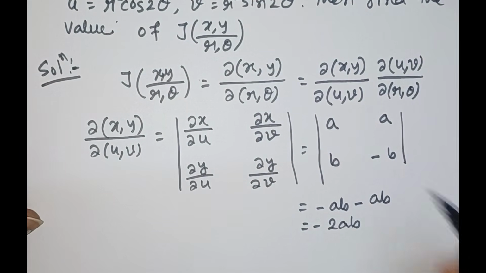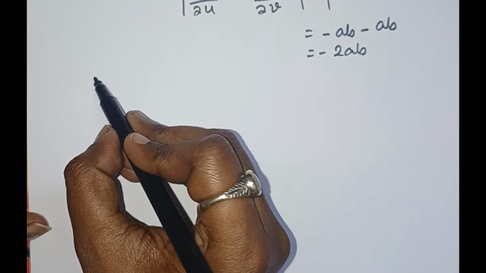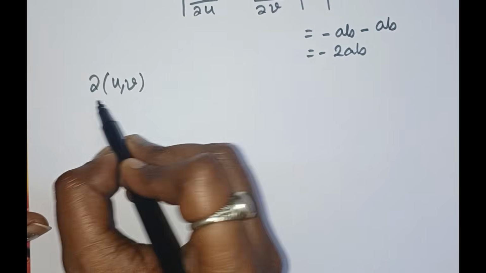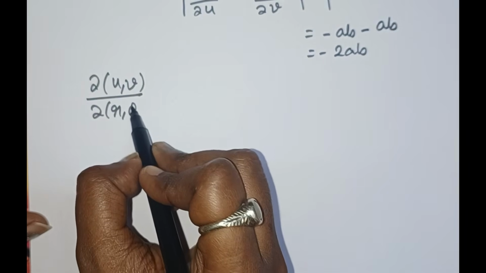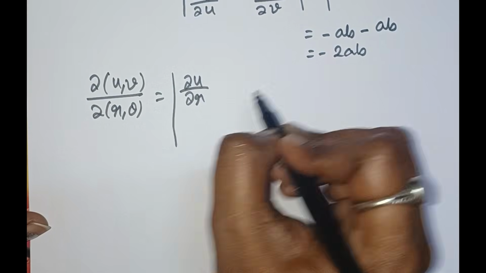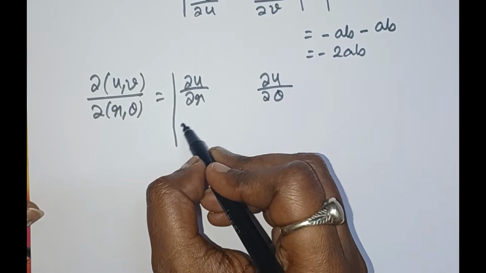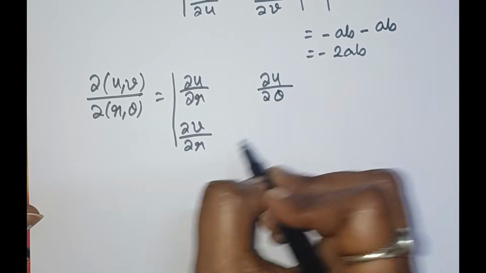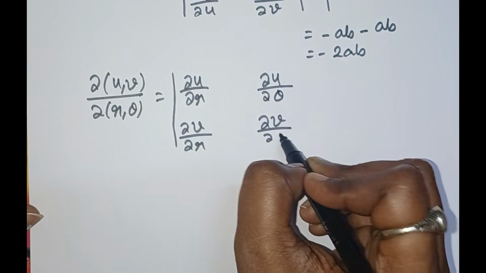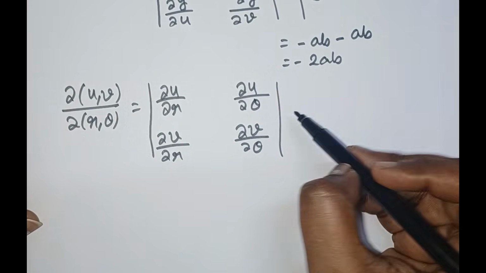Now calculate the second one, that is del uv del r theta. So del uv del r theta equals the determinant of del u del r, del u del theta, then del v del r and del v del theta. So u equals r square cos 2 theta and v equals r square sin 2 theta.